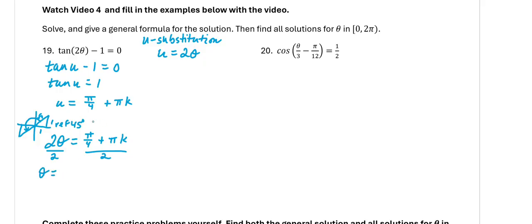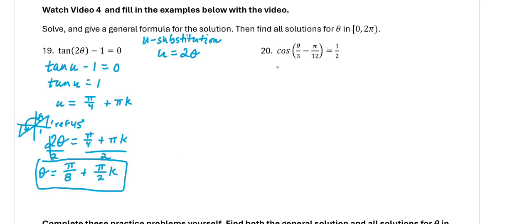Okay, we're not supposed to solve for U. We're supposed to solve eventually for theta. So pi over 4 divided by 2 is pi over 8. And then this would just be like pi over 2 times k. Okay, so this is theta. This is the general solution.